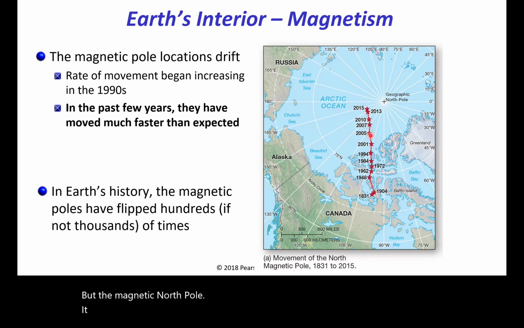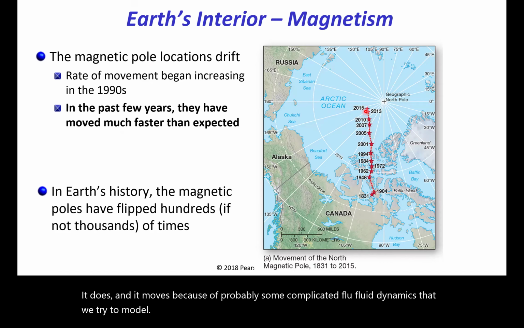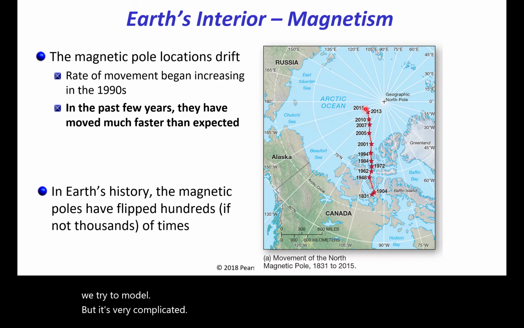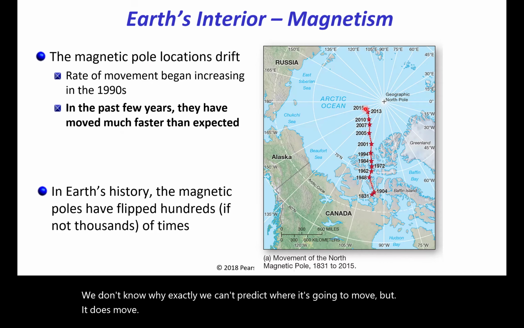And it moves because of probably some complicated fluid dynamics that we try to model, but it's very complicated. So we don't know why exactly. We can't predict where it's going to move, but it does move.